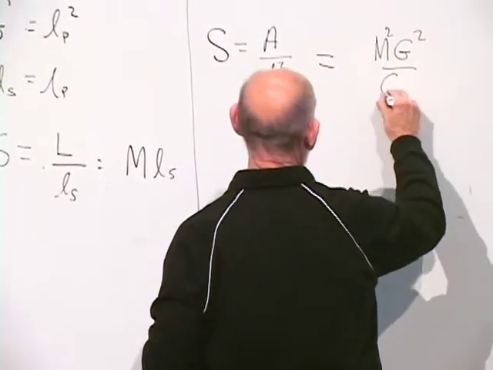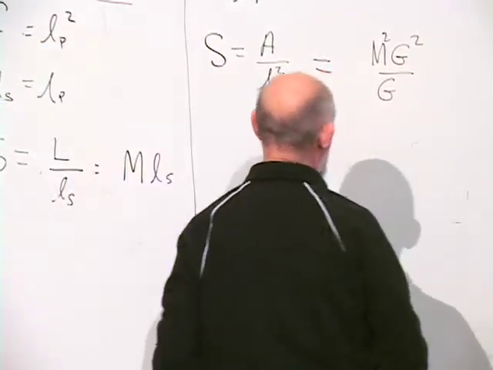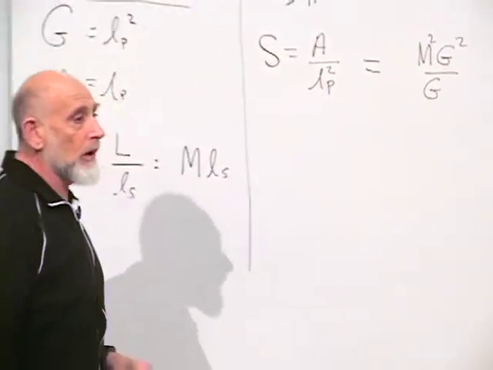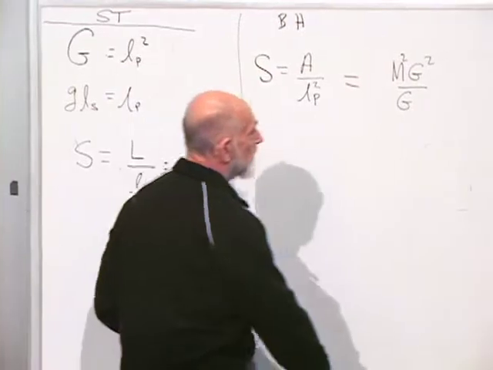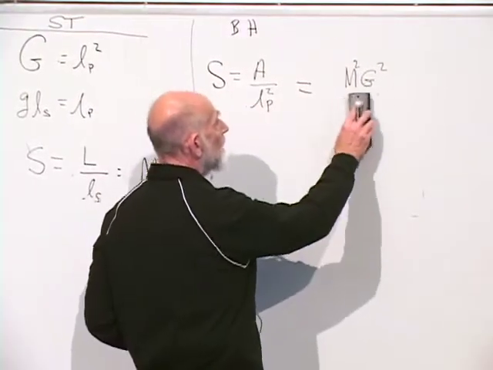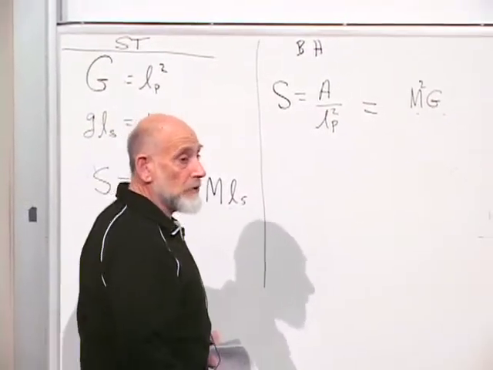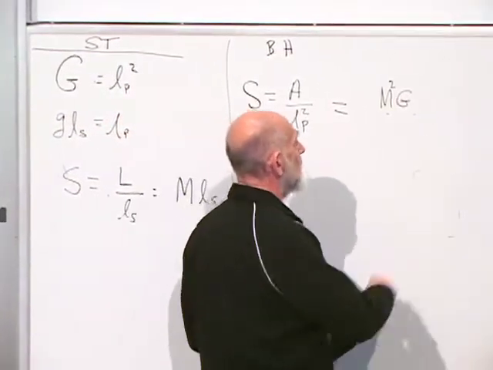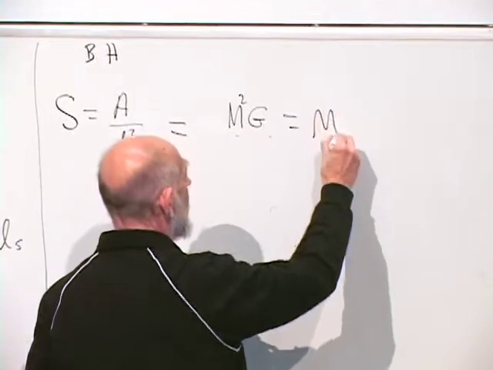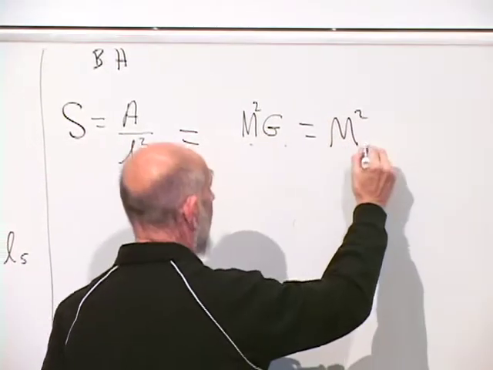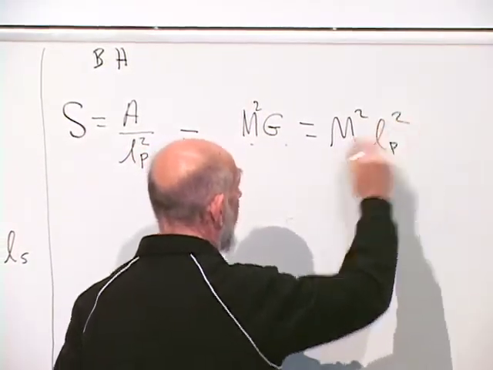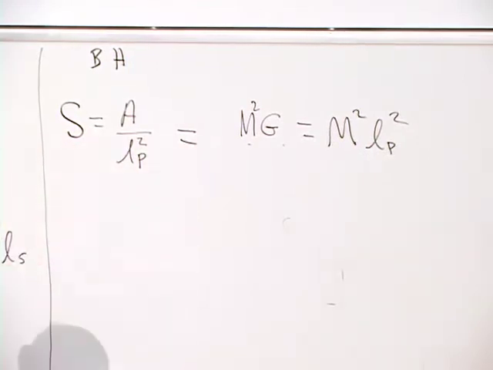Let's divide it by G, it's L Planck squared, and it's just m squared times G. G is L Planck squared. So we can rewrite this as just m squared over L Planck squared. That's the entropy.